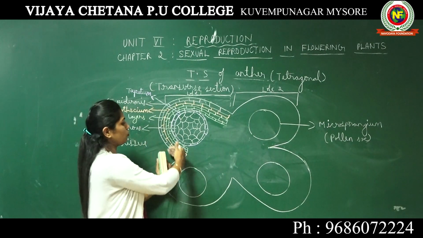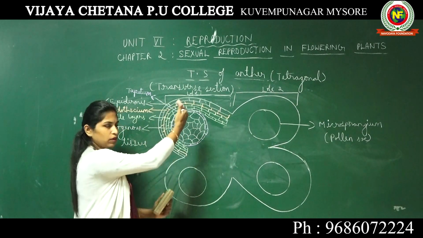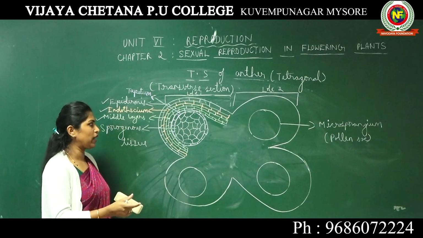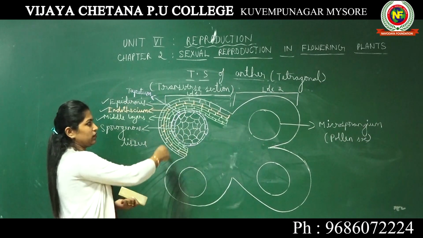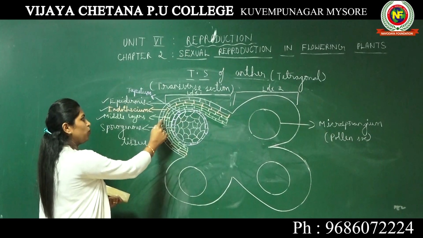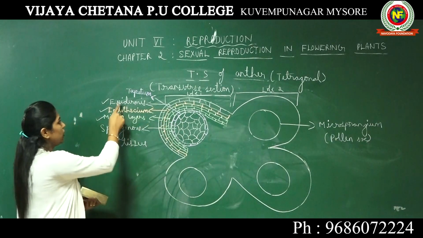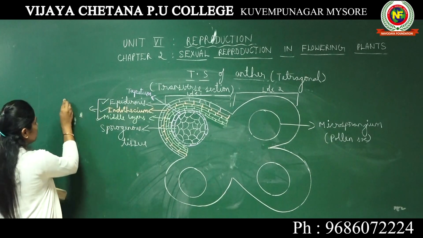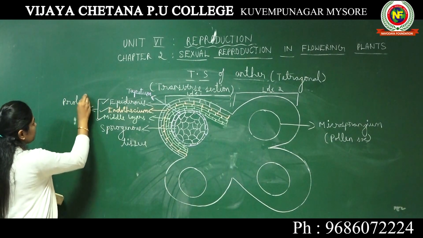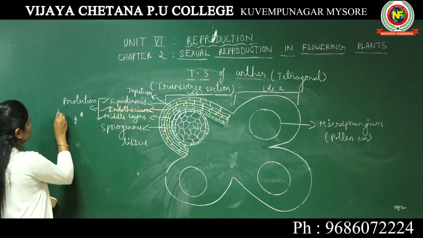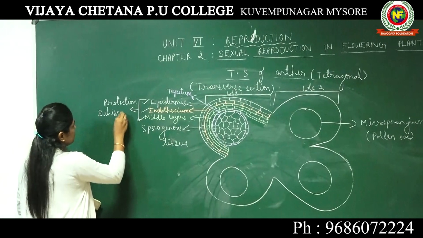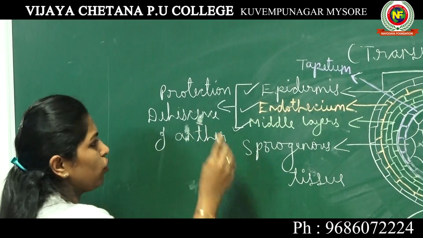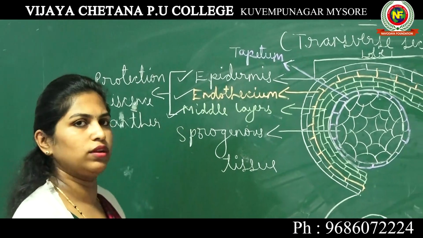Okay, the process where the anther breaks open, releasing the pollen grains, is called dehiscence of anther. The function of dehiscence and protection is carried out by these 3 layers called epidermis, endothecium and middle layers. Here I will write their function: protection and dehiscence of anther, that is, breaking of anther to release the pollen grains.